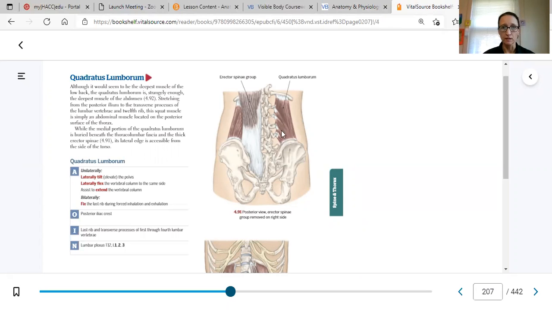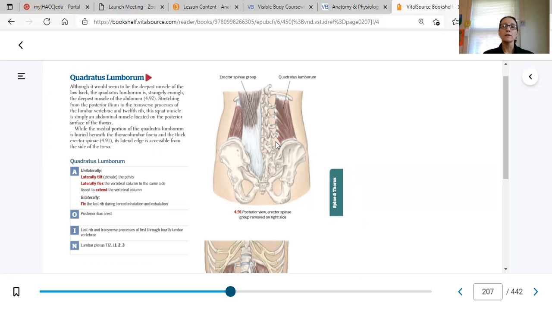Now the insertion is the 12th rib. You can see that here, but also the transverse processes of the lumbar vertebrae, okay? Last rib and transverse processes of the 1st through the 4th lumbar vertebrae. L5 is pretty close to the iliac crest. Okay, so L1 to L4.